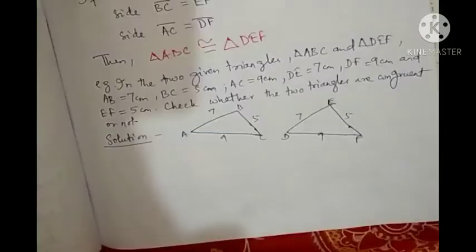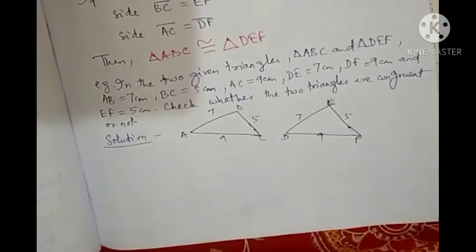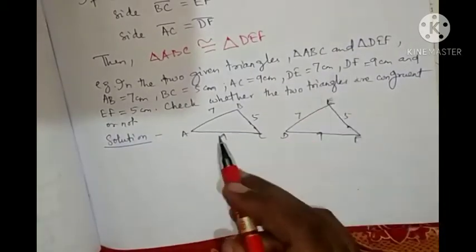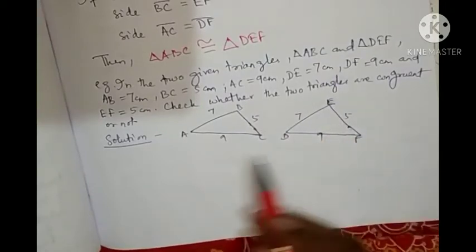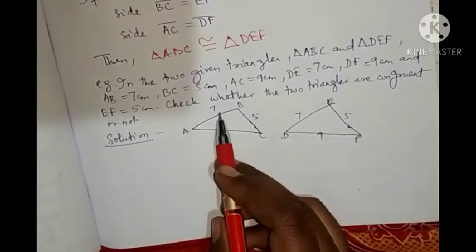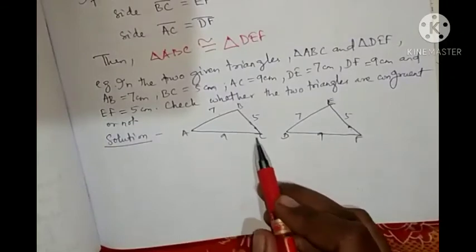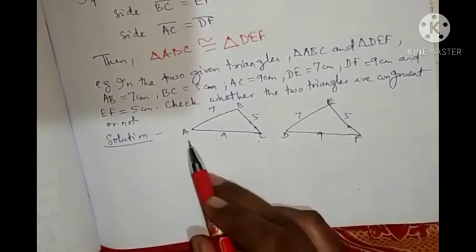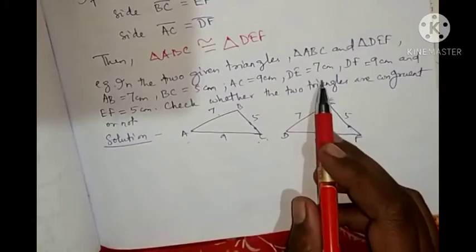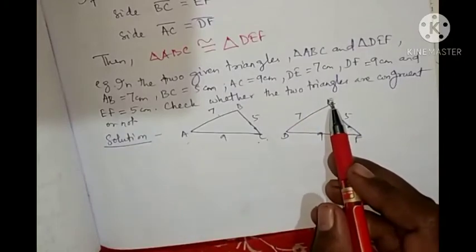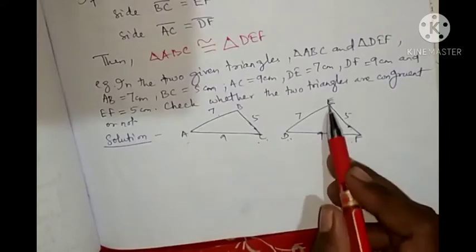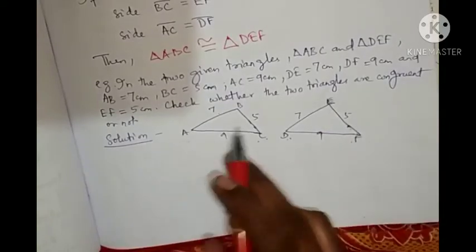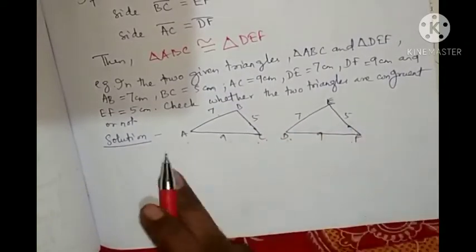Let's see one example. In the two given triangles, ABC and DEF, AB is 7 cm, BC is 5 cm, and AC is 9 cm. In triangle DEF, DE is 7 cm, DF is 9 cm, and EF is 5 cm. Check whether the two triangles are congruent or not.